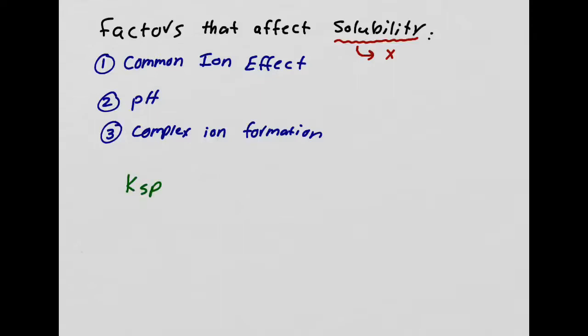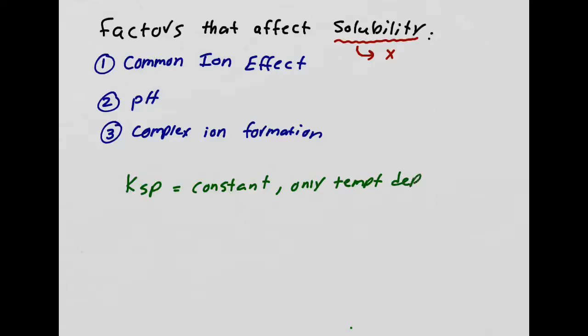Because if you remember, and I need you to remember this, Ksp is a constant, right? Ksp is a constant, and like any other equilibrium constant is only what? Only temperature dependent.